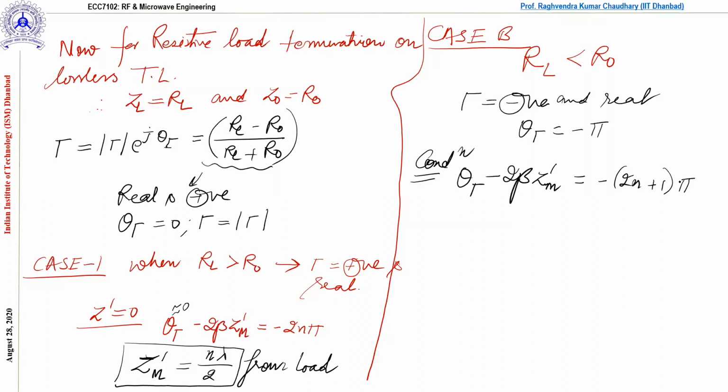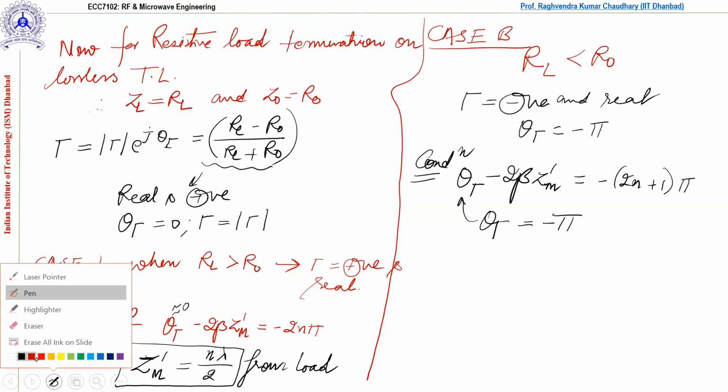Now can we find the minimum value? Yes, definitely, because theta gamma is minus pi here. So it is better to put in this theta gamma and solve this equation. If you solve, you get the same kind of thing, but this is for the case of minima.